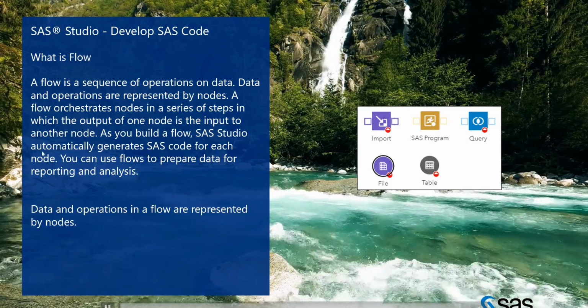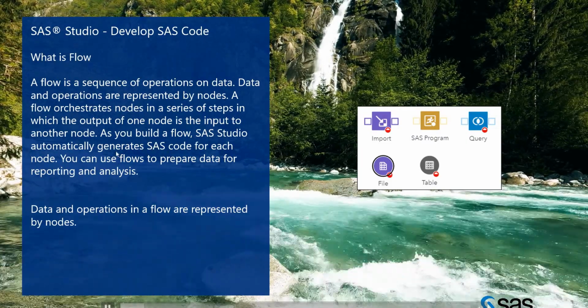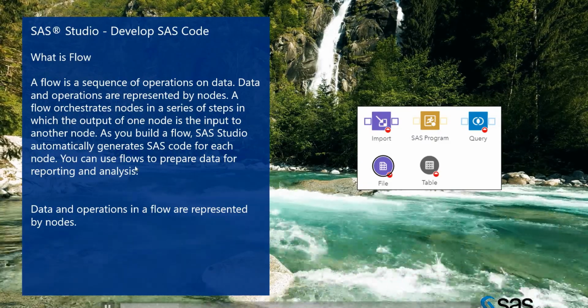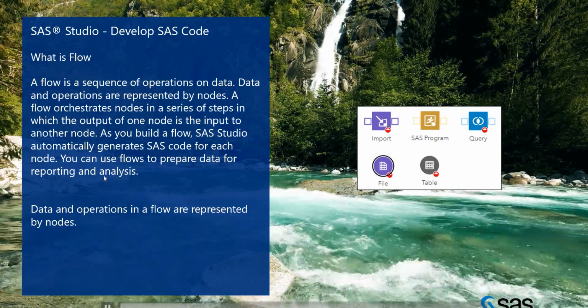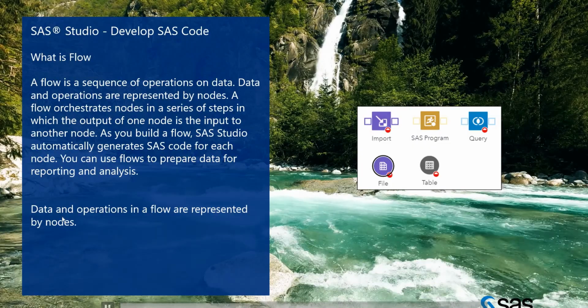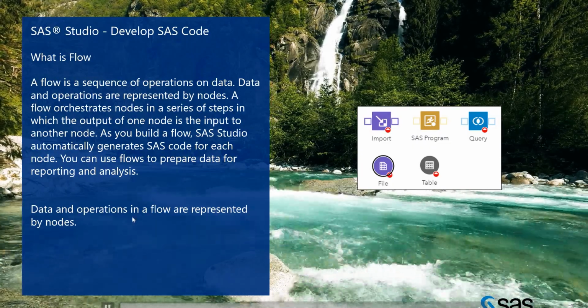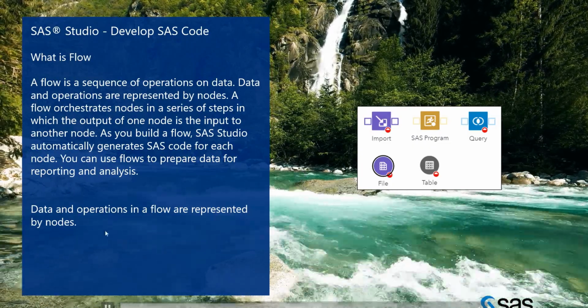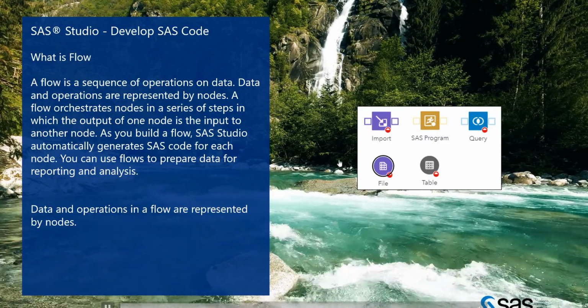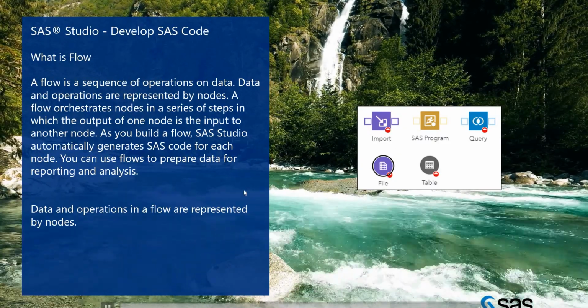As you build a flow, SAS Studio automatically generates SAS code for each node. You can use flows to prepare data for reporting and analysis purposes. Now you can see we have these nodes here.